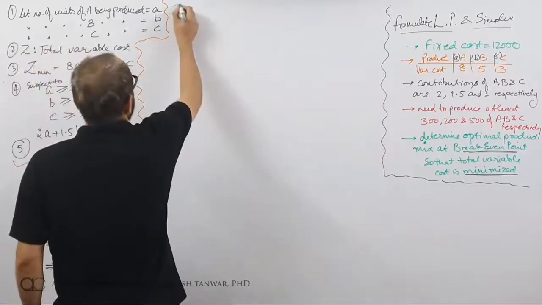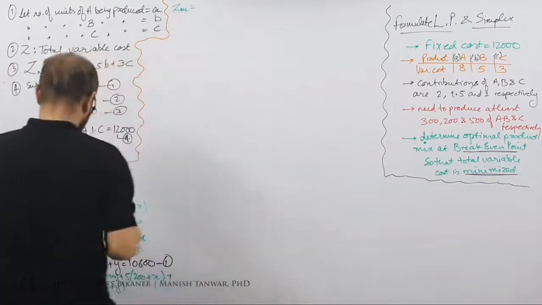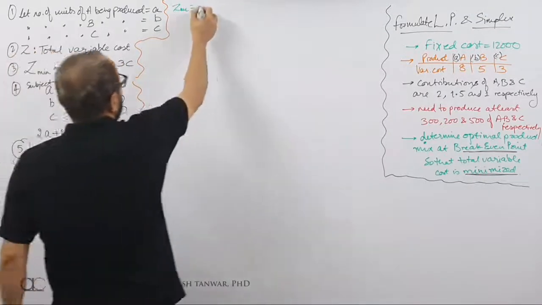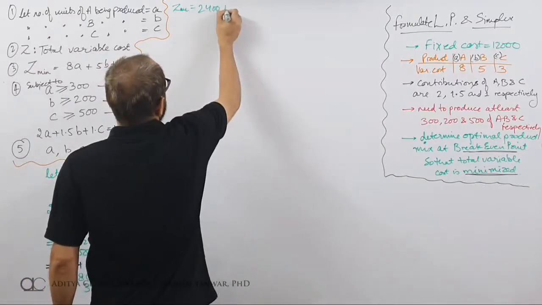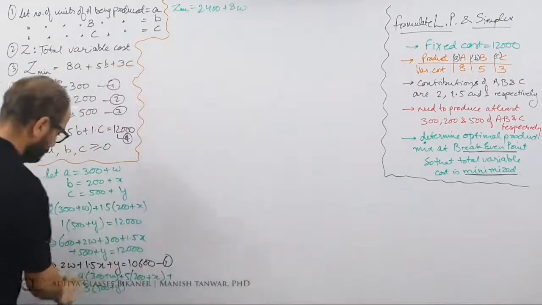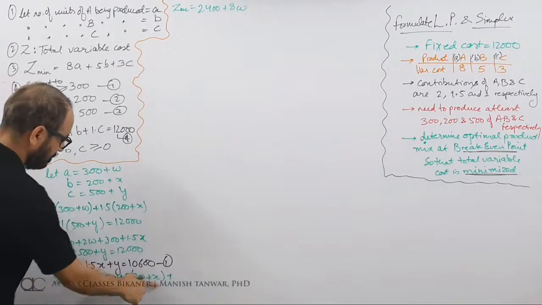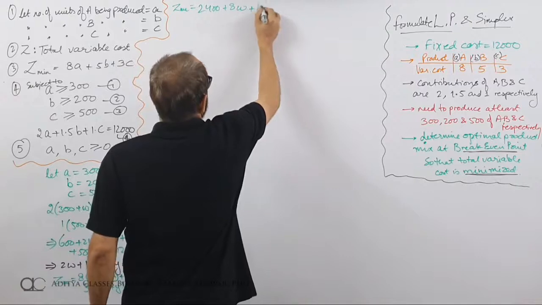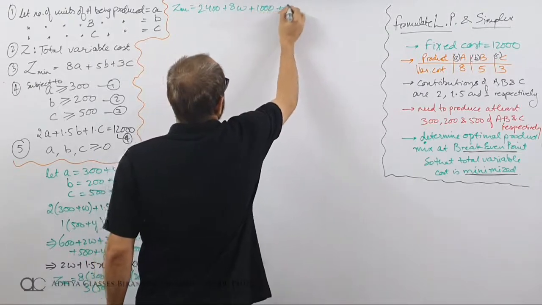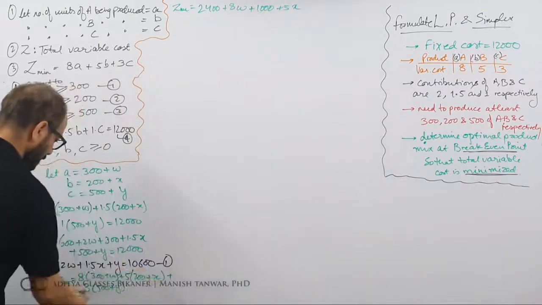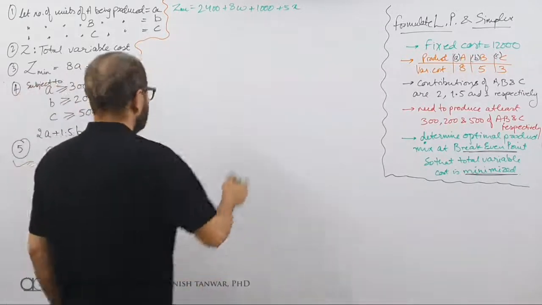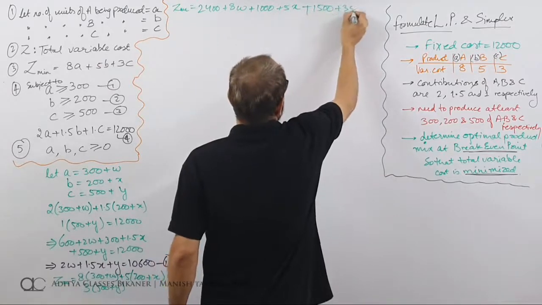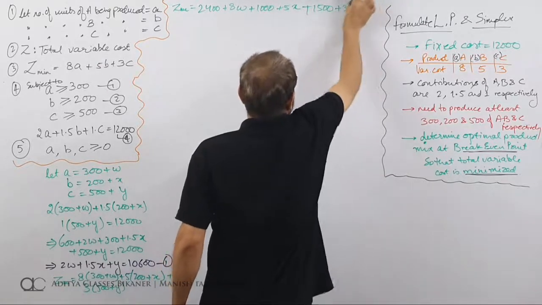Z-min is equal to 8 into 300, that is 2400 plus 8w. This will become 1000 plus 5x. And the last one would become 1500 plus 3y.